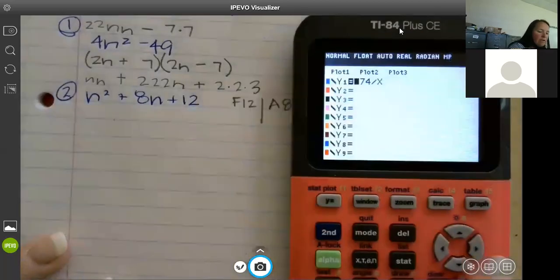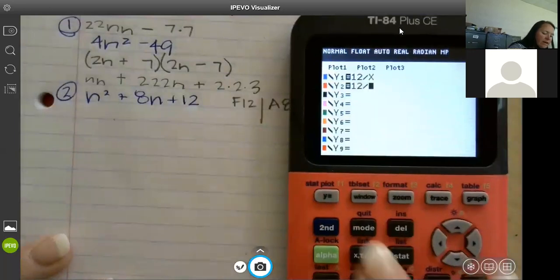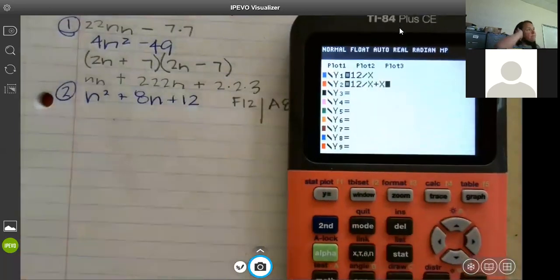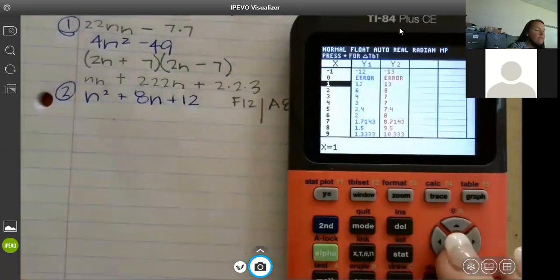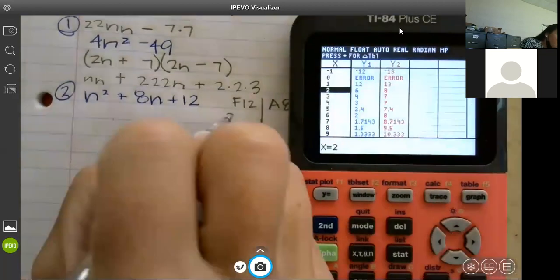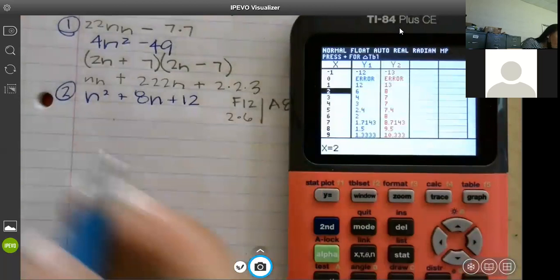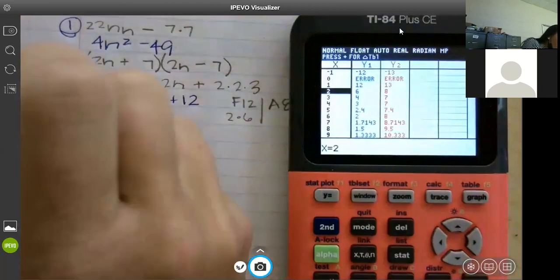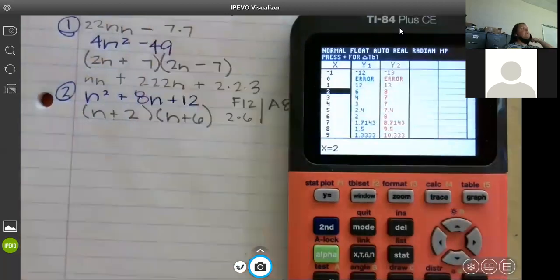So we put it in our calculator, 12 divide x, 12 divide x plus x. When we look in our table, we're looking for 8, and we see 2 and 6. So our factors are n plus 2 and n plus 6.